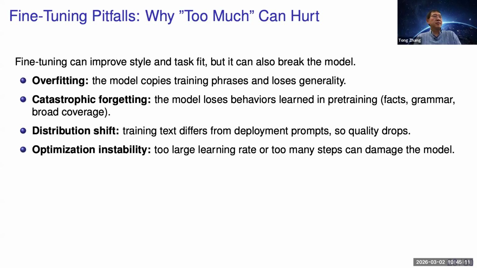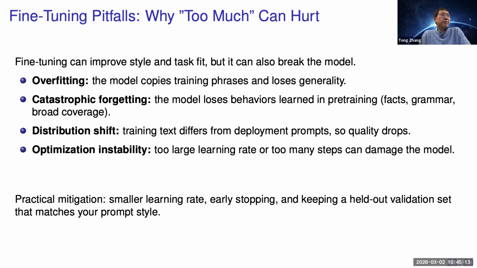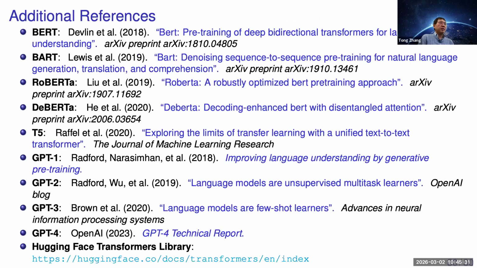So practically, you can use a smaller learning rate, early stopping, and keep high-quality data that matches the style, and so on. So that's the general picture. Once you're starting to do this, there's something you should be aware of. I think that's all. This was just quickly talking about that, and the future lectures will continue to talk about the decoder LLMs. Okay.